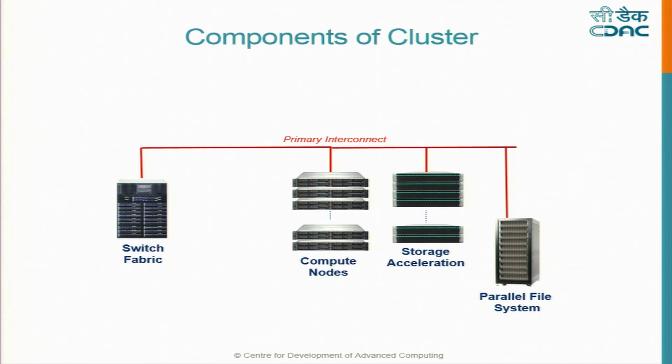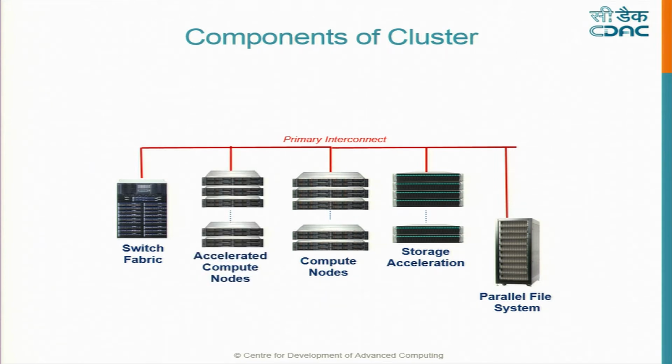So far so good. Similarly, you have what are called accelerated compute nodes, which complement the compute nodes. So what are these? All of you have heard about GPUs, graphics processing units, okay? They typically work on the SIMD principle. There are some workloads that use graphics, audio, or many such data which are streaming in nature. They can run faster if you have some accelerator.